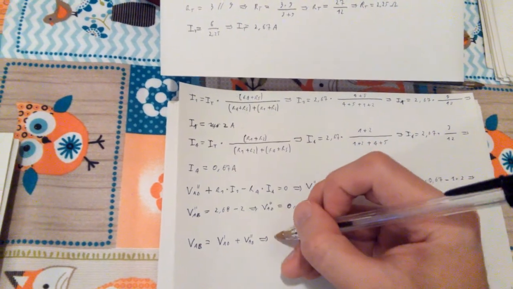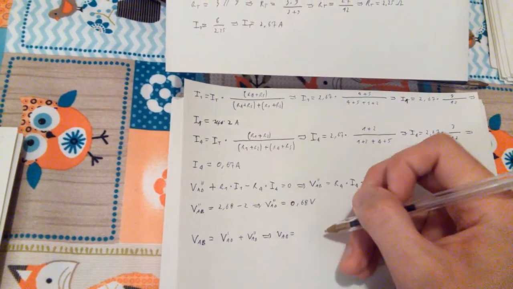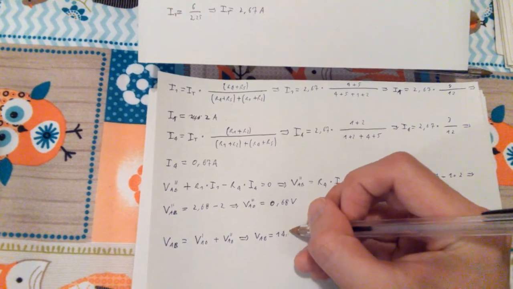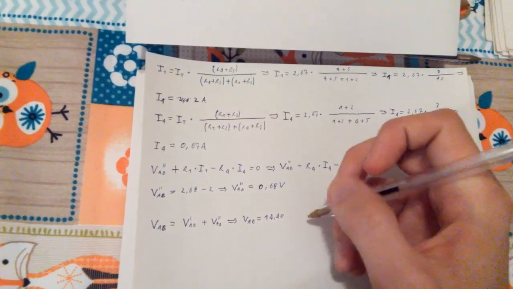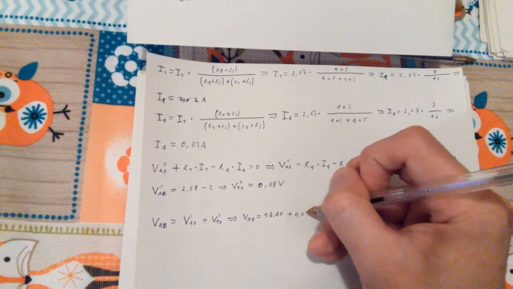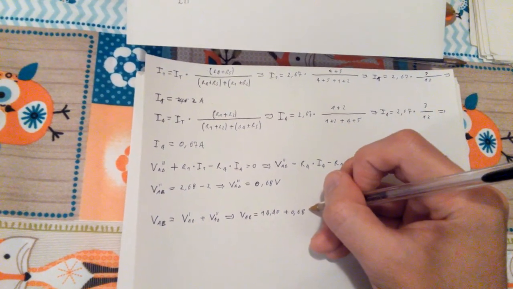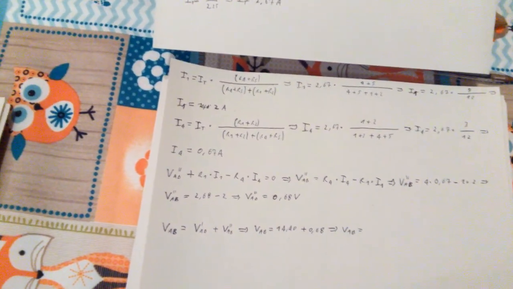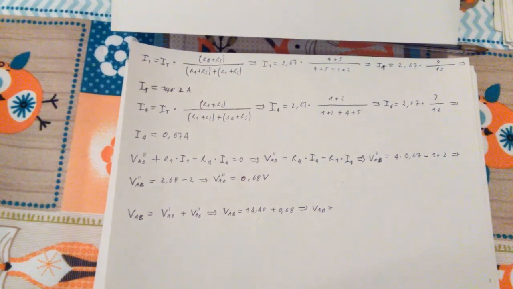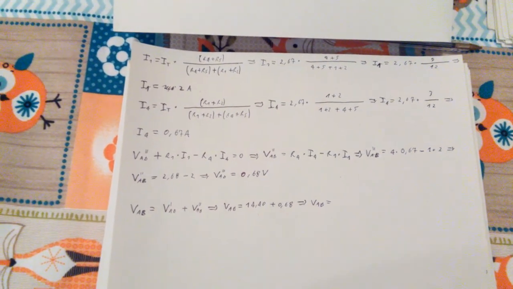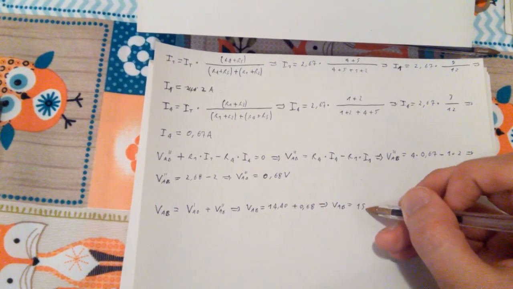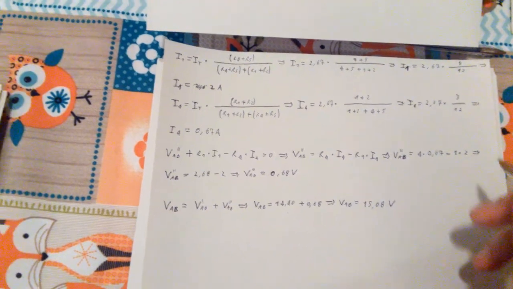The first one was 14.40, so 14.40 plus 0.68 will be just 15.08 volts, of course.